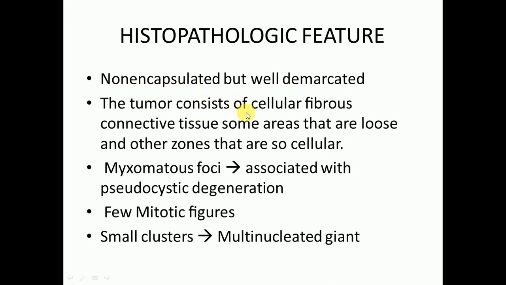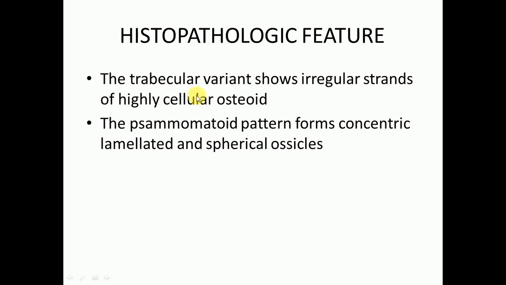The tumor consists of cellular fibrous connective tissue, with some areas that are loose and other zones that are highly cellular. Myxomatous foci are present and associated with pseudocystic degeneration. There are few mitotic figures present, and small clusters of multinucleated giant cells are also present. The trabecular variant shows irregular strands of highly cellular osteoid.